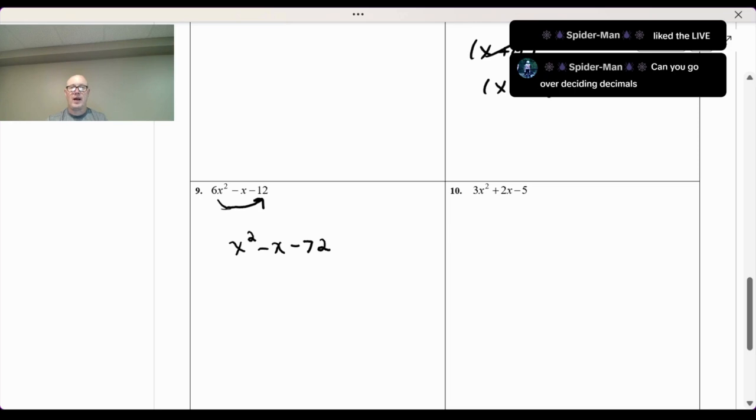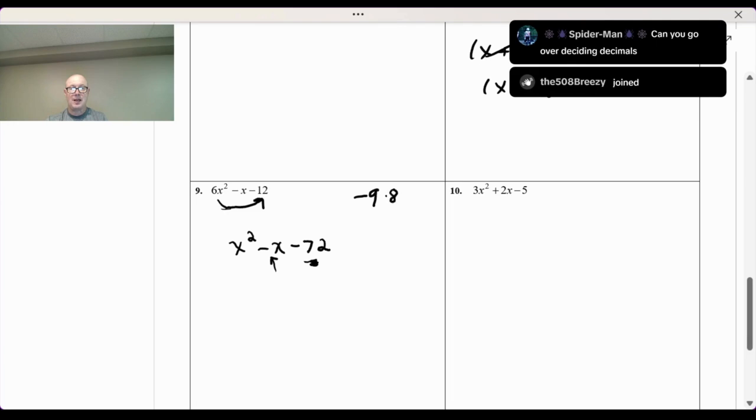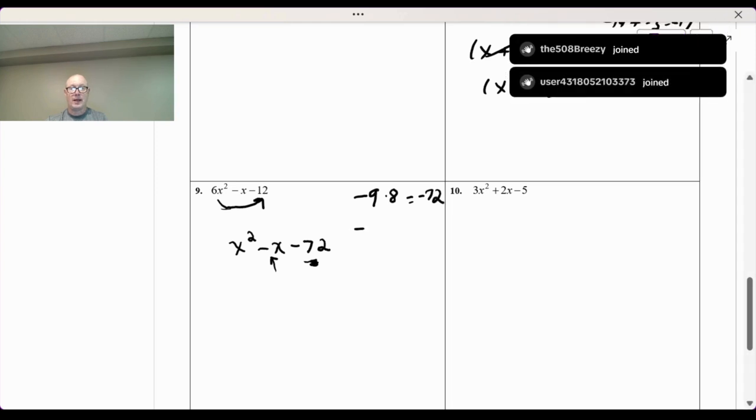Right, so now we're going to factor this with our normal method, where we need two numbers multiplied together that give us negative 72, but when I add them together give me negative 1. So in this case, if I did negative 9 times 8, I would get negative 72, but if I did negative 9 plus 8, I would get negative 1.